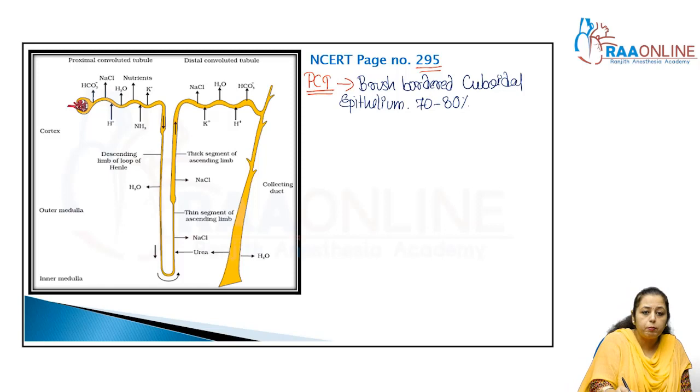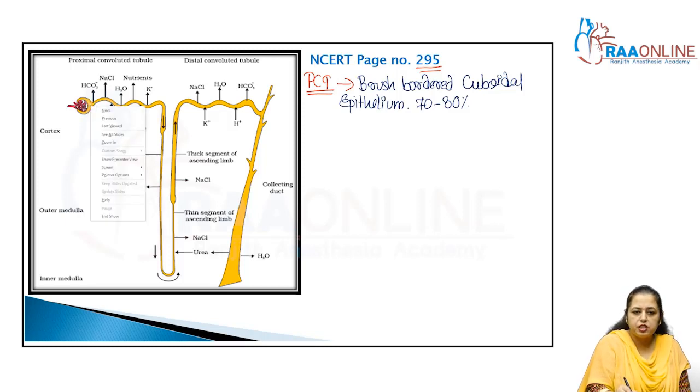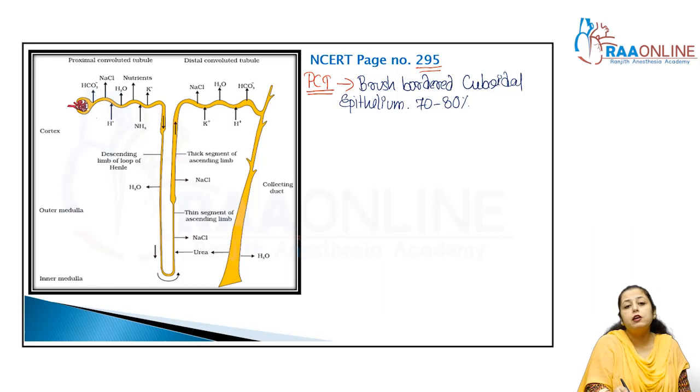Here you can see the bicarbonates, the NaCl. When the afferent arteriole takes blood toward the glomerulus, towards the Bowman's capsule, by the filtration membranes the filtrate is formed and comes into Bowman's space. This is the first step of urine formation, glomerular filtration.